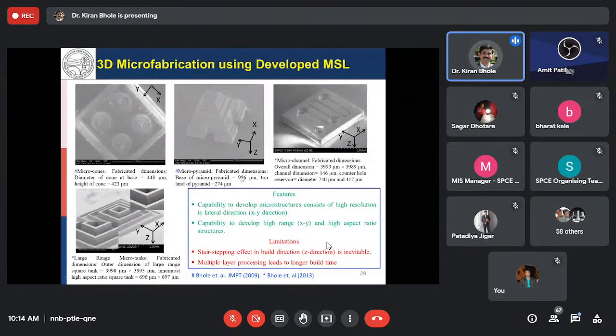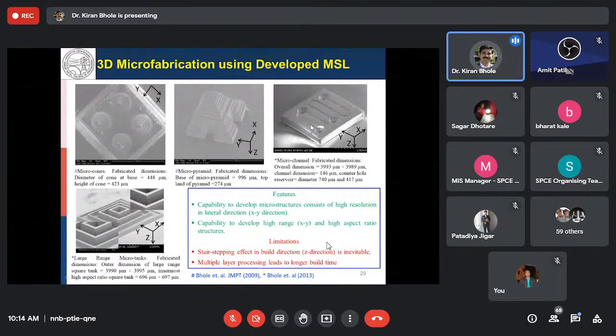So this is a micro pyramid, and the base of this micro pyramid is 996 micron. In the CAD model it was 1000 micron. Top land of the pyramid is 274 micron. Top land of the pyramid in the CAD model was 275 micron. Then this is developed for one of the applications, this micro channel fabricated of 4 mm by 4 mm.